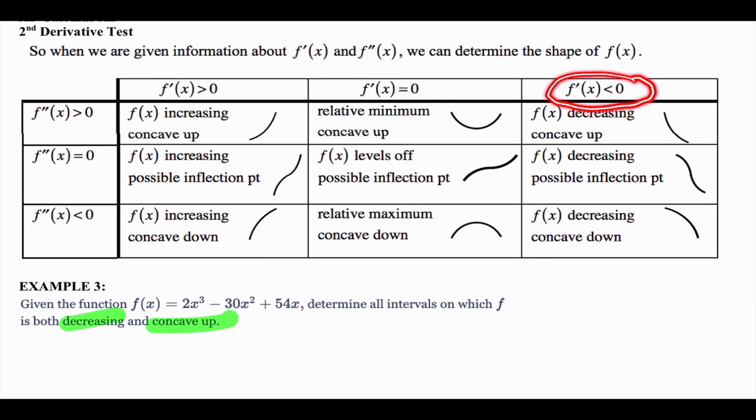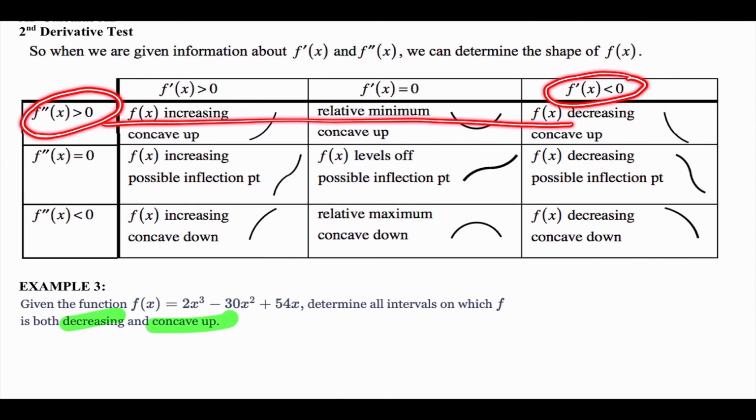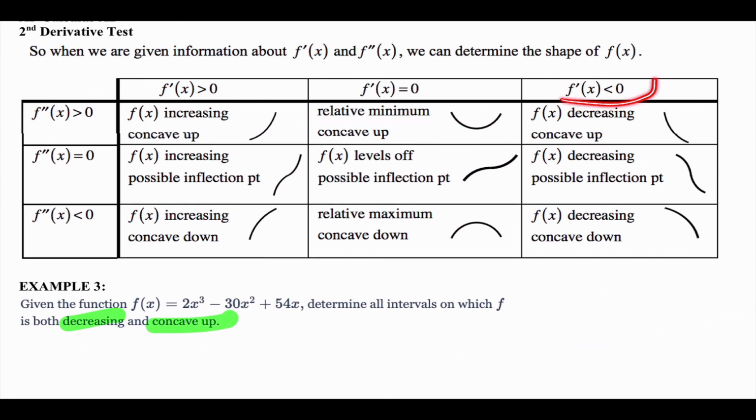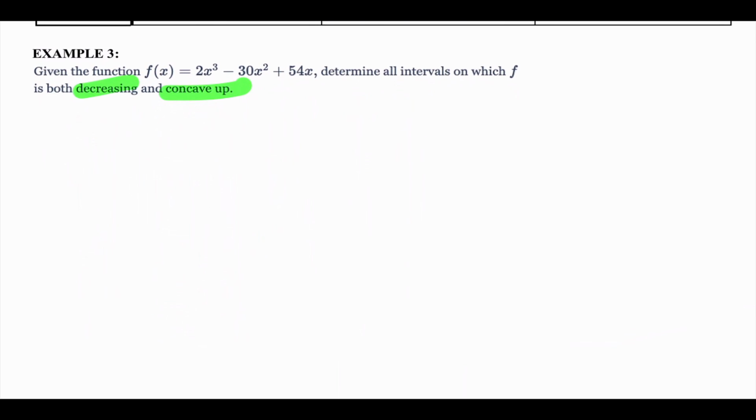First derivative's got to be negative, right? And second derivative's got to be positive. That's what we're checking. Where is the first derivative negative? Where is the second derivative positive? So what I want you to do right now is find the first derivative and find the second derivative. It's a combination of what we did last week with what we're doing today.